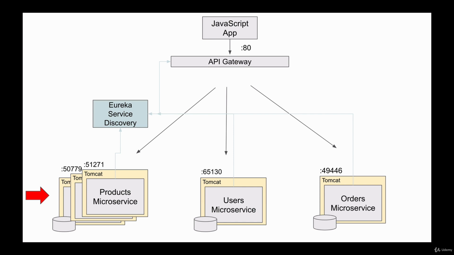Now, it is possible that there are multiple instances of a microservice running, each on its own unique port number. For example, in this slide, I have multiple instances of the products microservice running. So when API Gateway learns that there are multiple addresses of the products microservice, which address will it use? Which instance will API Gateway route HTTP requests to?